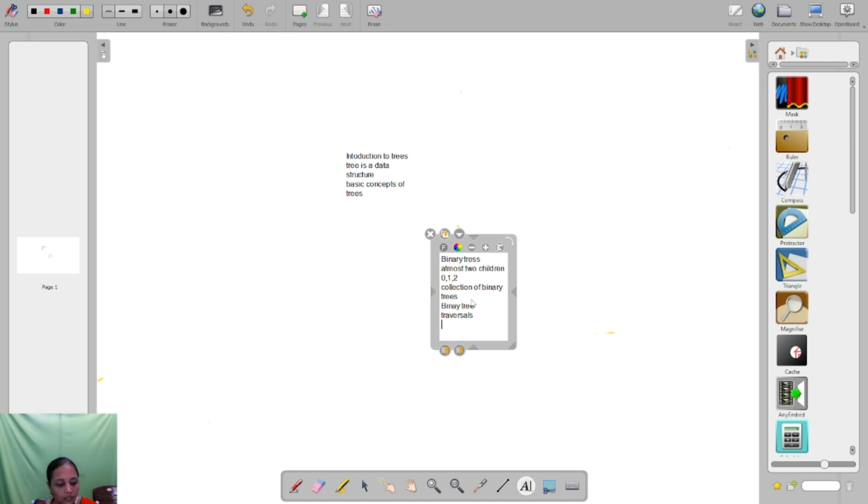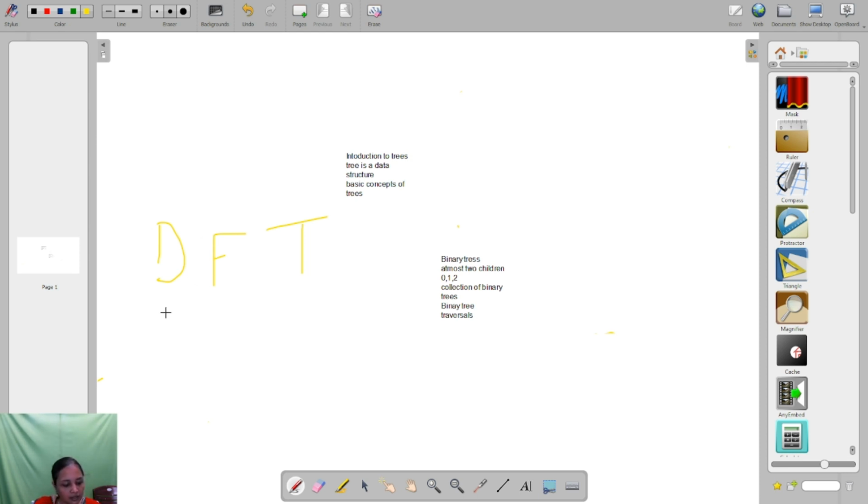Here we will see depth first traversal, DFT. Each level is completely processed before the next level is started. That is the definition of breadth first search.